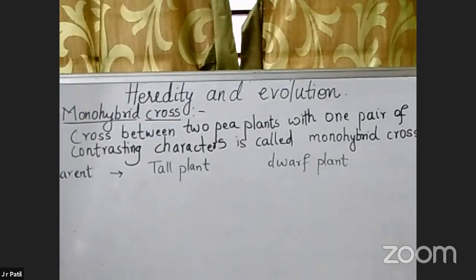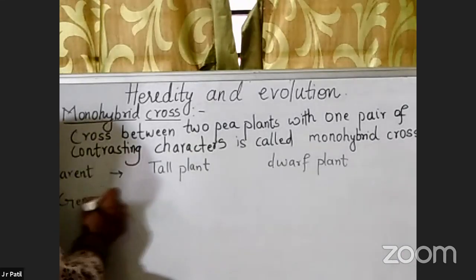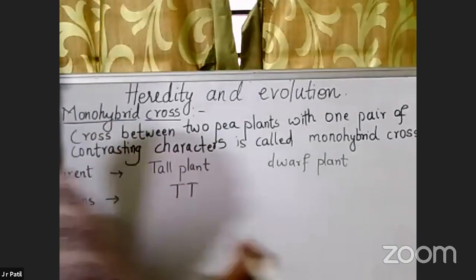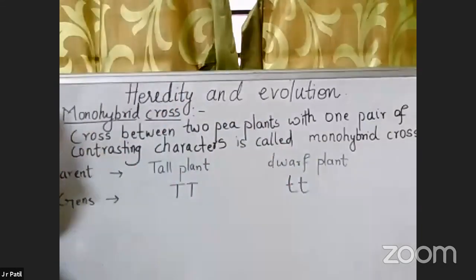Now, the parents are tall and dwarf. The allelic pair of genes present in the tall plant is both capital T, and the genes present in the dwarf plant are both small t. This is clear?